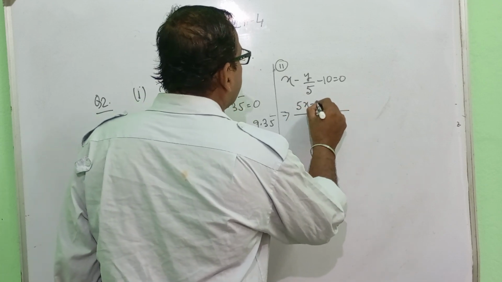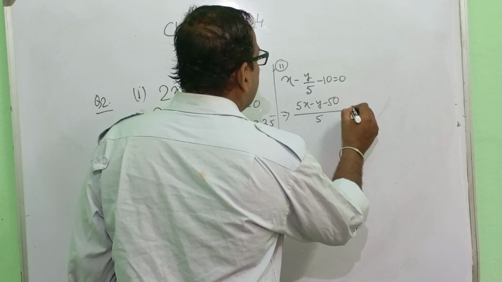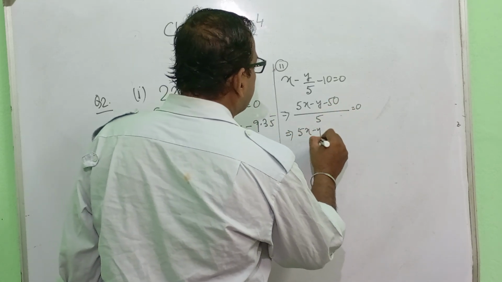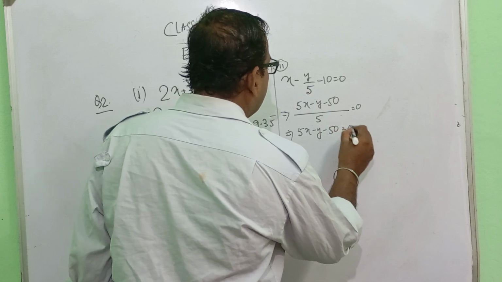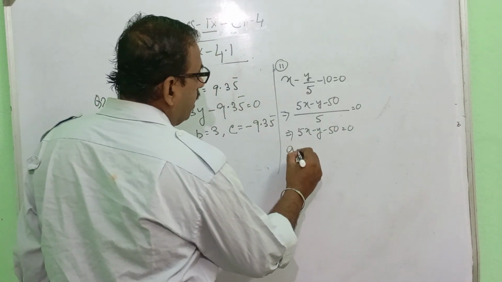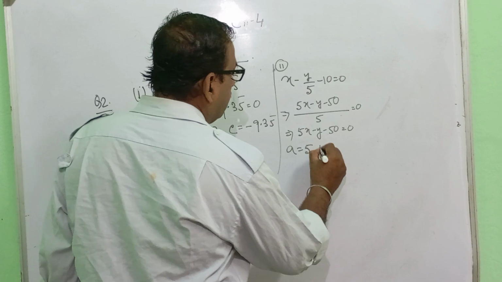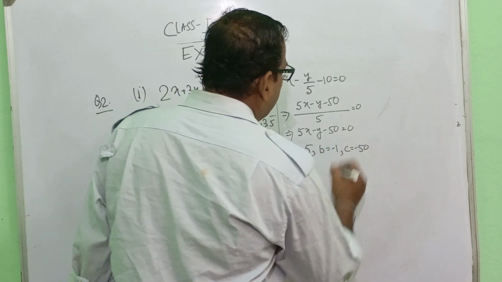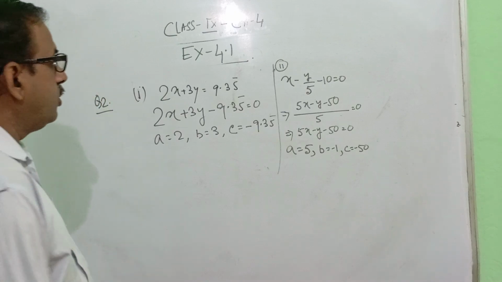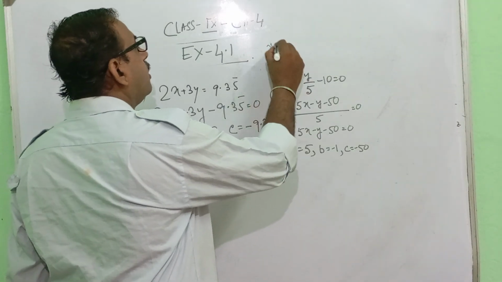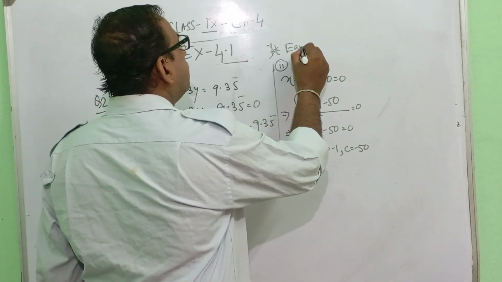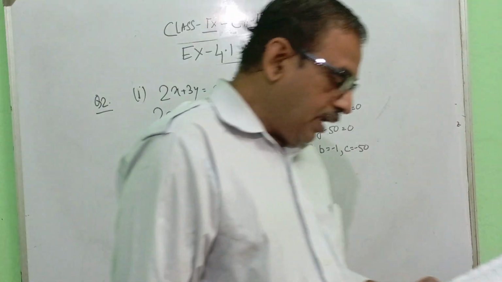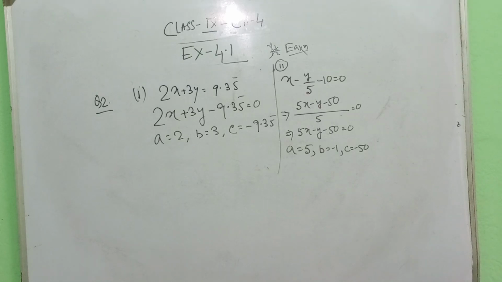This is 5x minus y minus 50 is equal to 0. Then we can write that a is equal to 5, b is equal to minus 1, c is equal to minus 50. So this is for the exam purpose.